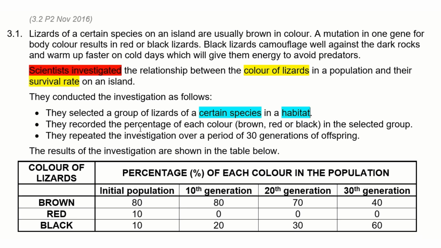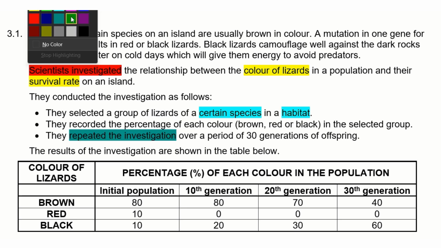Then they say they recorded the percentage of each color, brown, red, or black, in the selected group. So nothing specific there to highlight, but obviously still important information. And they repeated the investigation over a period of 30 generations. So that you should know is obviously very important to note as well.